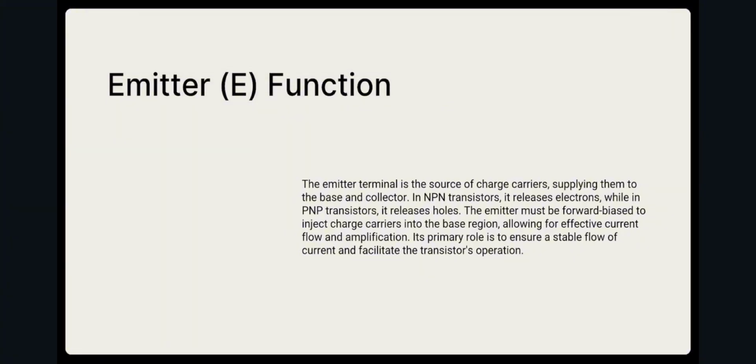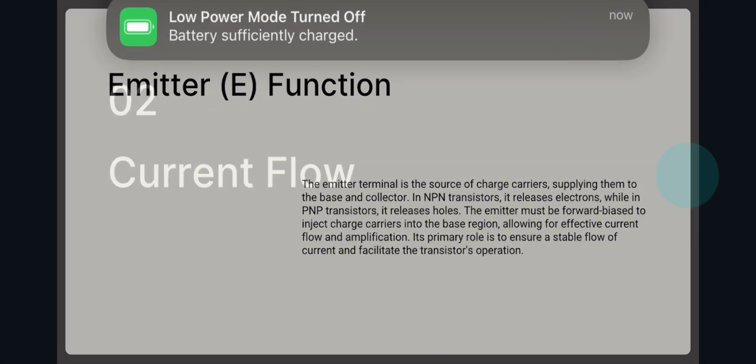The emitter must be forward biased to inject charge carriers into the base region, allowing for effective current flow and amplification. Its primary role is to ensure a stable flow of current and facilitate the transistor operation.